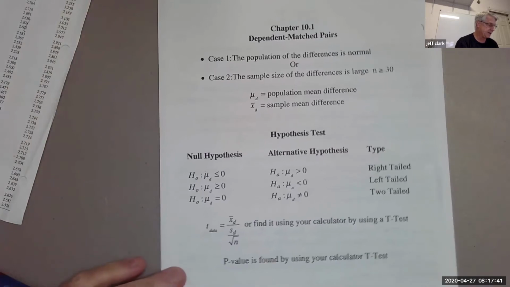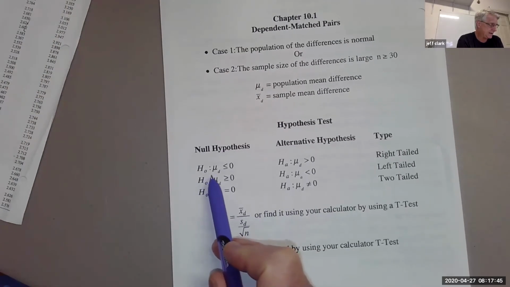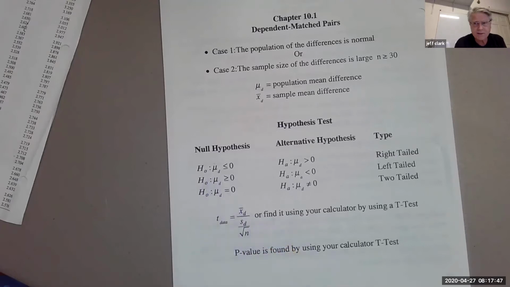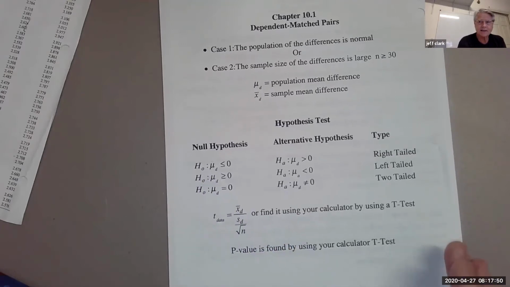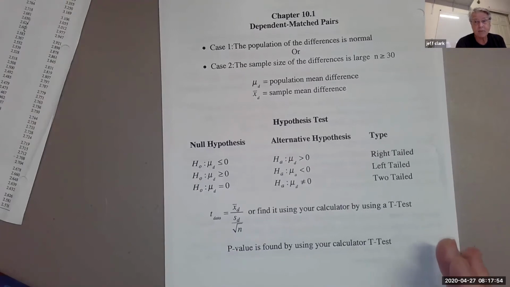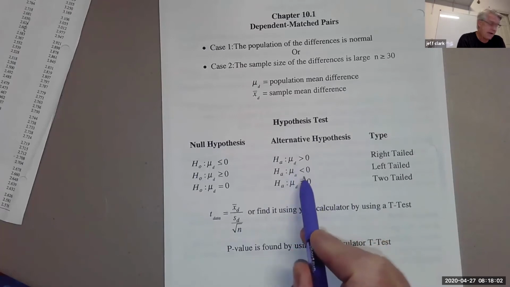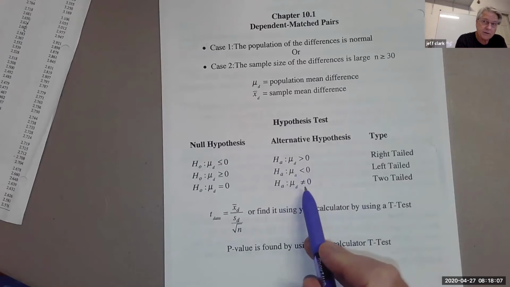So for the hypothesis testing, as you can see, there are 3 different scenarios that we've done in the past: left tail, right tail, and two tail. And it's all based on the alternate hypothesis. So greater than is going to be a one tail right, a less than is going to be a one tail left, and a not equal to is going to be a two tail when you draw the pictures, the bell-shaped curve.